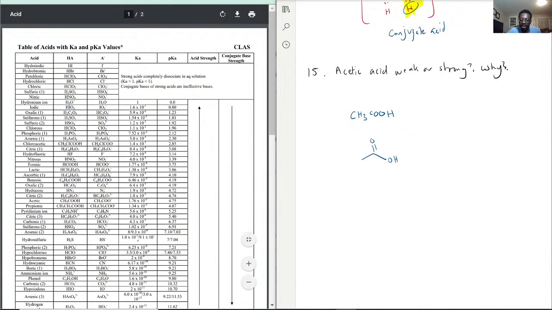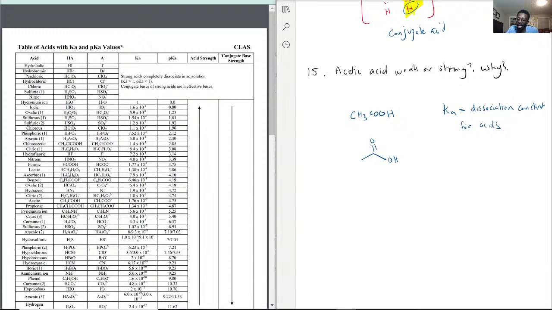And we don't know yet if it's a weak or a strong acid. The reason why is what I'm about to do. Once you find out this thing called Ka, which is the dissociation constant for acids, then you can start to answer what the question is truly asking for.